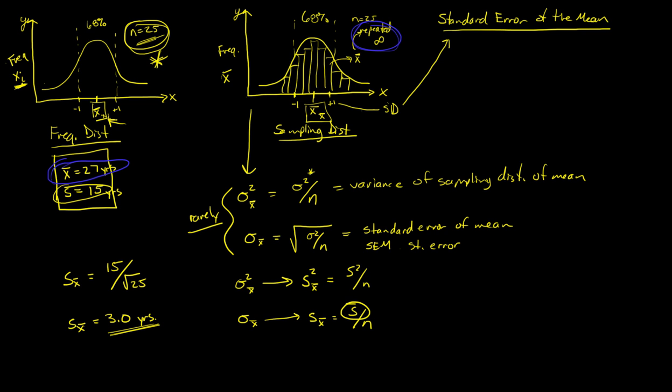The standard deviation of that distribution can be calculated without having to go through repeating it an infinite number of times. We can calculate it based on this equation right here.